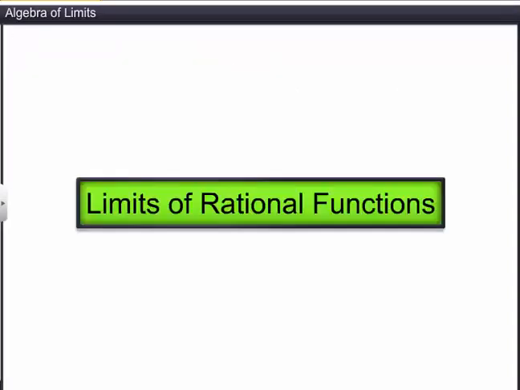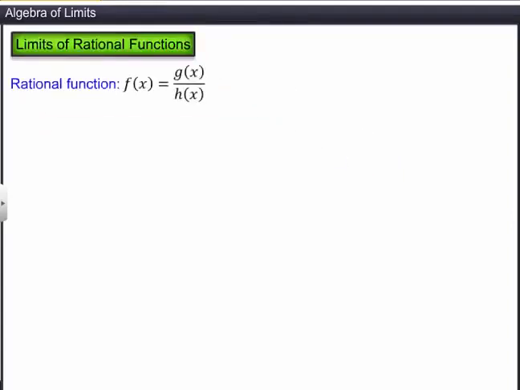Now, we will see the limits of rational functions. A function f of x of the form g of x divided by h of x is called a rational function. Here, g of x and h of x are polynomial functions.